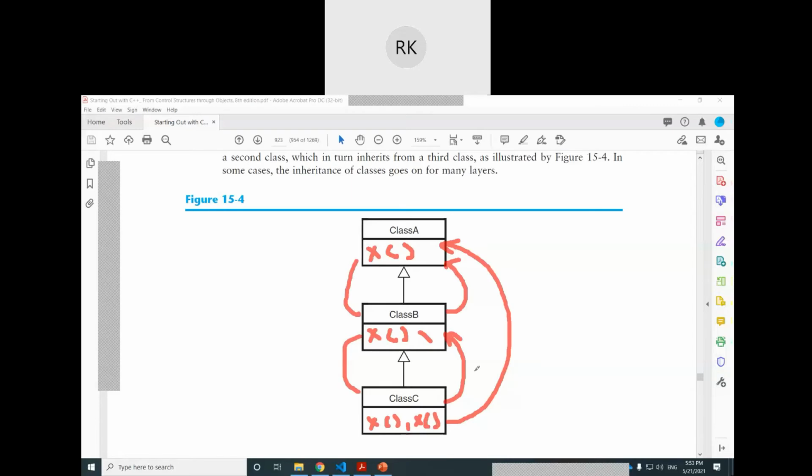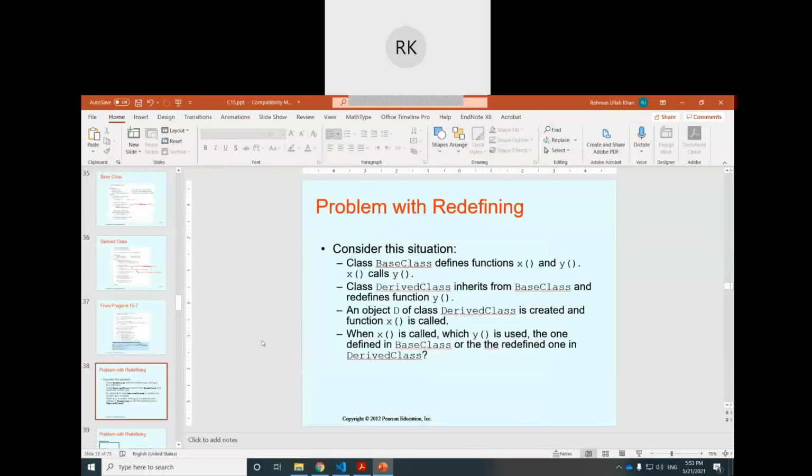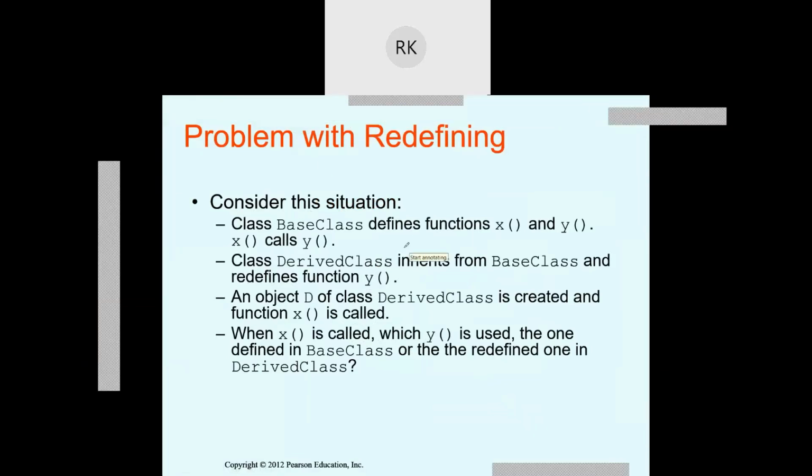Now, in this case, the compiler will call which function? The situation is like this. Consider this situation. I have explained this very nicely in my previous video also. I hope if someone has watched, maybe they can remember that.